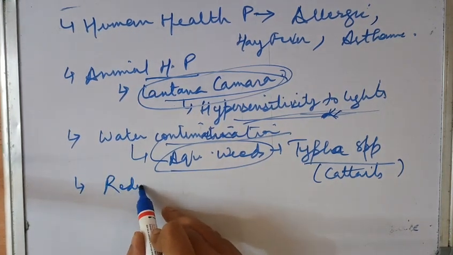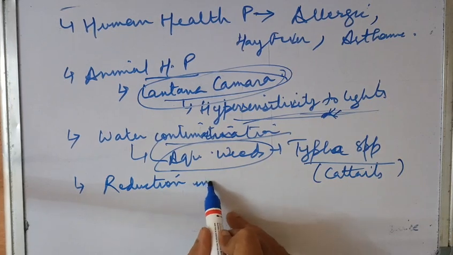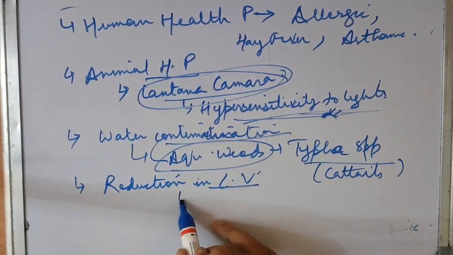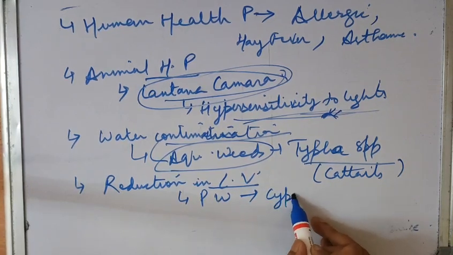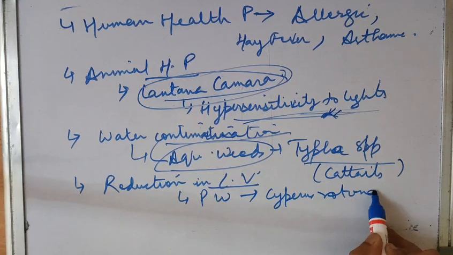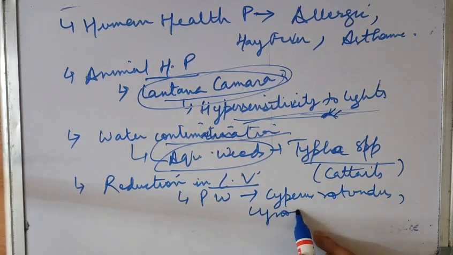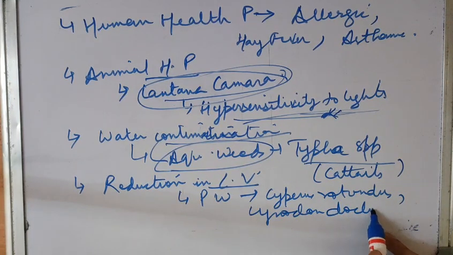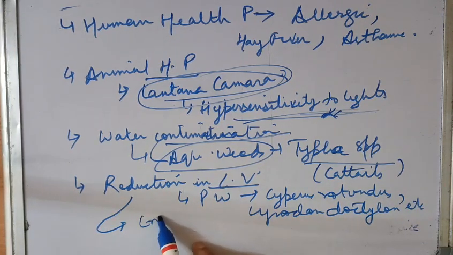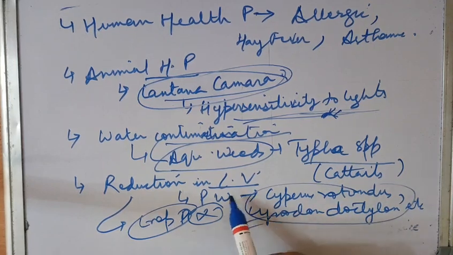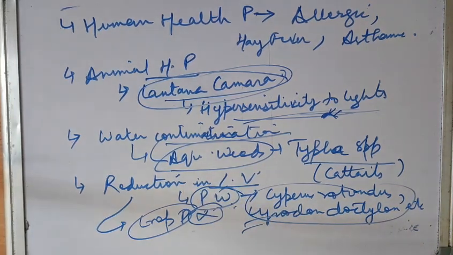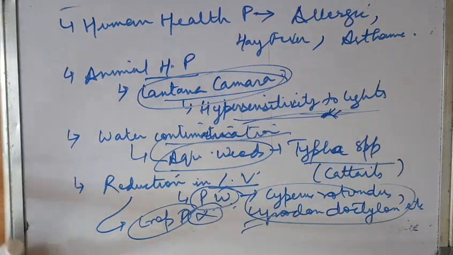Reduction in land value, if land is infested by perennial weeds such as we have discussed, Cyperus rotundus, Cynodon, Dactylon, etc. This makes the land very unsuitable for crop production. Crop production becomes very difficult in these lands if the weed has infested the land for some years, especially perennial weeds, because they are very tough to control. So these are some of the harmful effects of weeds.